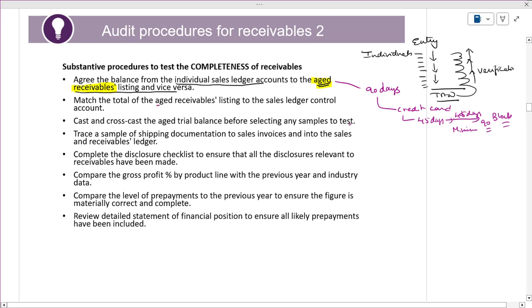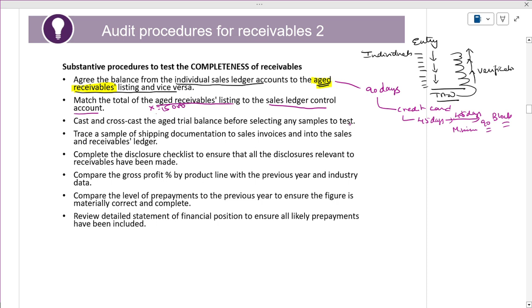Match the aged receivables listing to the sales ledger control account. You are saying that X has 15,000, Y has 20,000, and the total is 350.